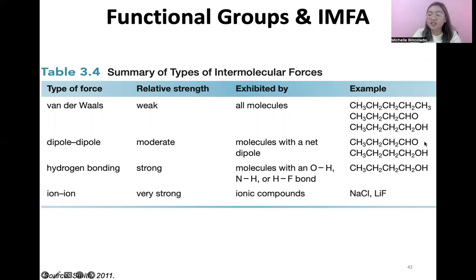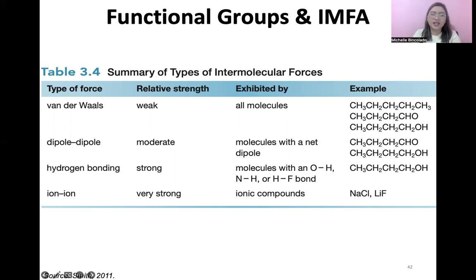So we have here an aldehyde and an alcohol. We have hydrogen bonding, a strong type of IMFA, wherein, recall, this is exhibited by molecules with OH bond and NH or HF bond. So ang example dito ay alcohol. Ion-ion, guys, very strong type of IMFA, of course, ionic compound.